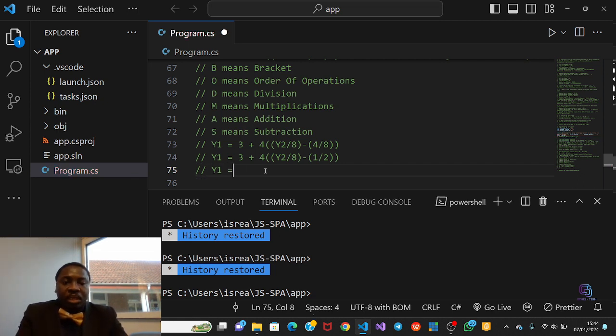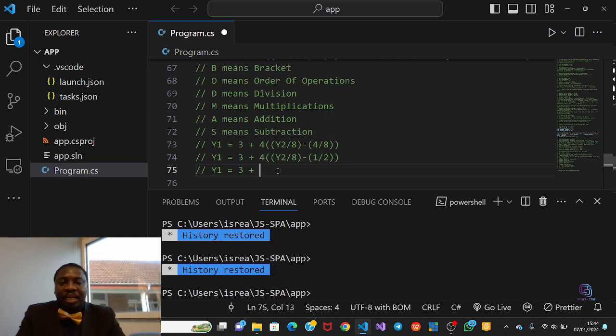So after this, I'll move to the next one. Y1 is equal to 3 plus 4 into brackets. So I'll say there's another. So I'll just say this 4 has to come into the multiplication of both of them. So it's going to be like this. I'm going to use another bracket.